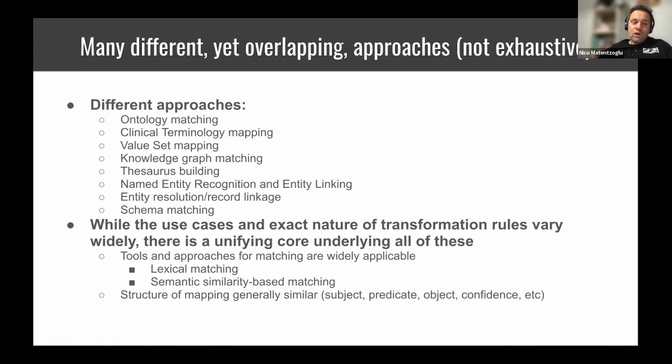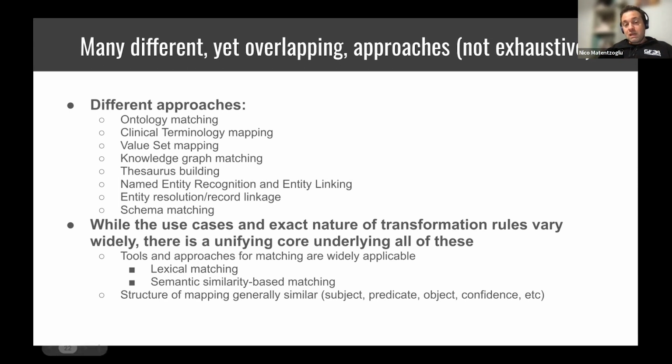And this core is usually, in basically all of these approaches, some kind of common tooling around lexical matching. So you want to figure out some mapping candidates across these spaces by, for example, looking at labels and figuring out whether two things have the same labels, and then hoping that this is a good mapping candidate that you can pass on to a human curator to verify.